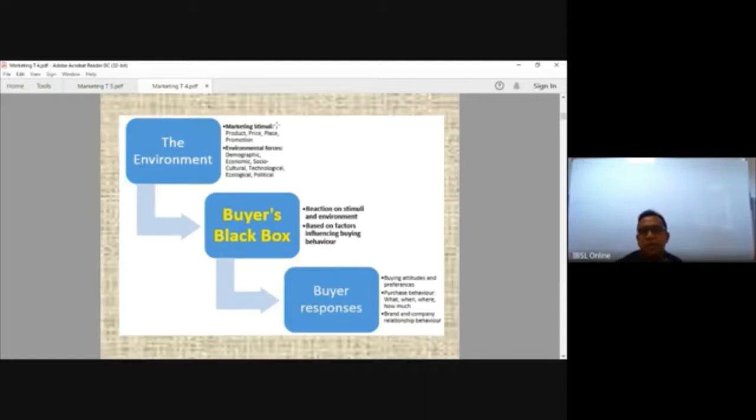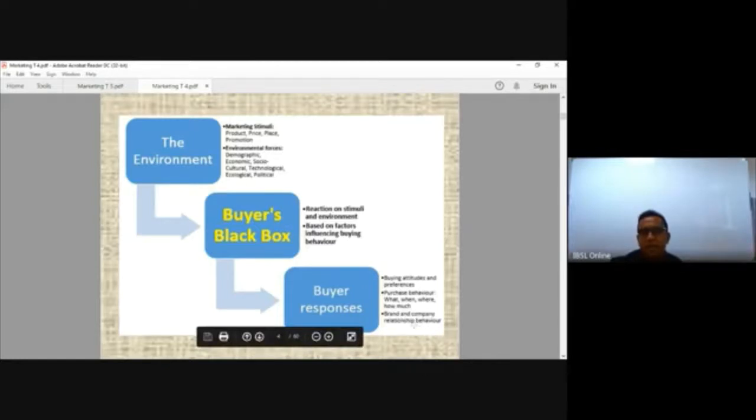And finally, buyer responses will be based on buying attitudes and preferences, and purchase behavior: what do they buy, when do they buy, where do they buy, and how much would they buy. They will decide all that depending on the decision based on the black box level, brand and company relationship behavior.